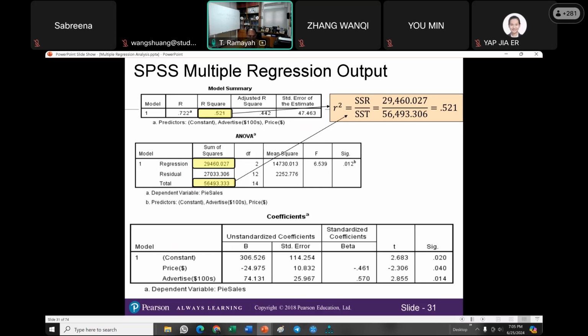Total explanatory power is 100%. We have another 48% that cannot be explained because we have other independent variables we did not include.